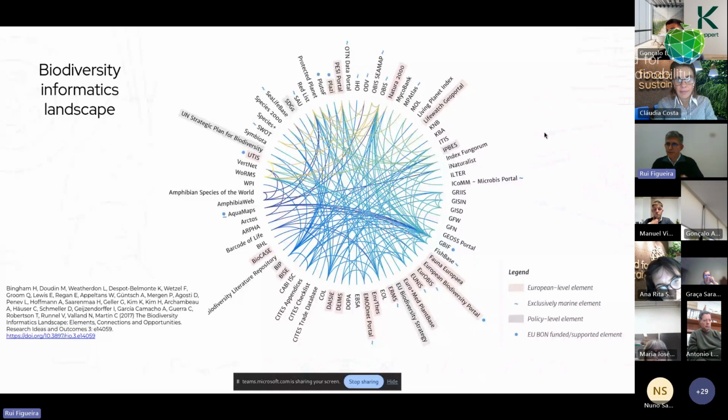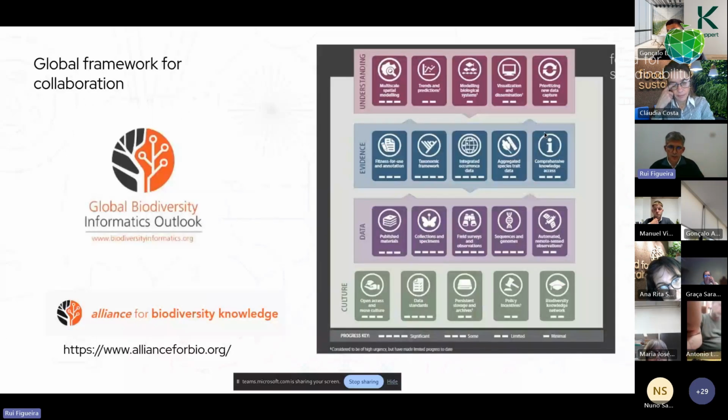And because GBIF is playing this role, somehow the community asked, give us some guidance. So the Alliance for Biodiversity Knowledge created this framework that tries to organize common principles that anyone can attach to and collaborate, because none of these organizations can do all of the work.